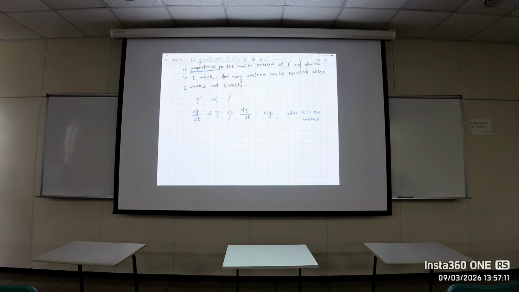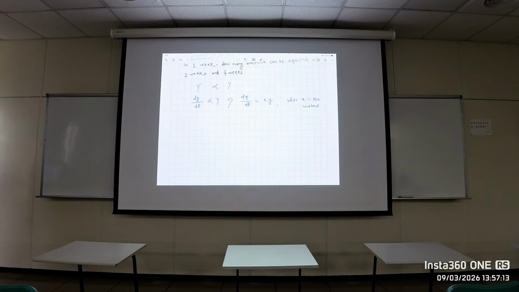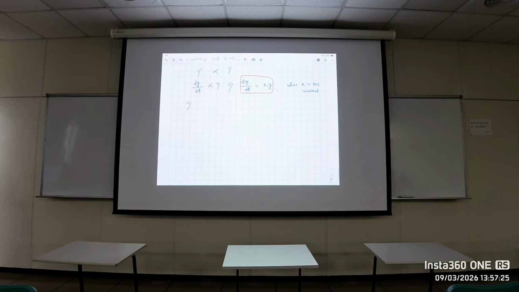So I can write this one, dy by dt is equal to ky, and now I can apply the separable method here. That means I can write dy by y is equal to k dt.